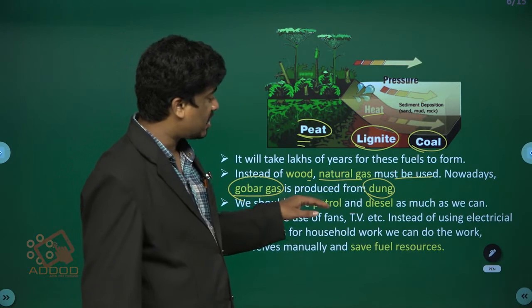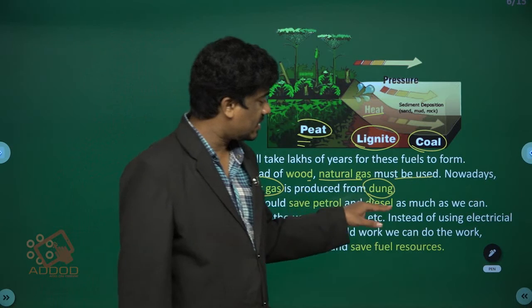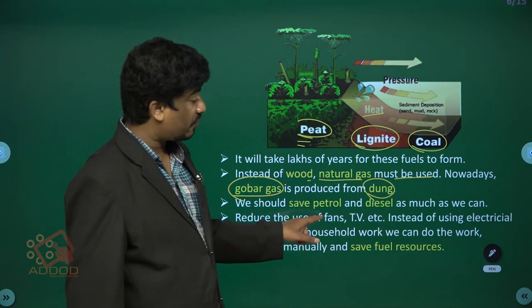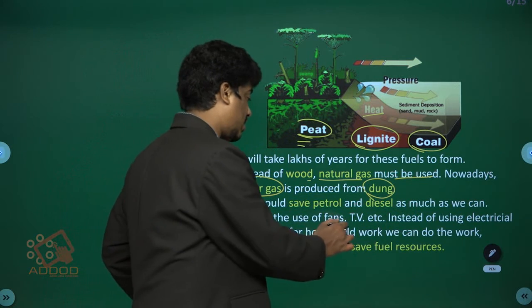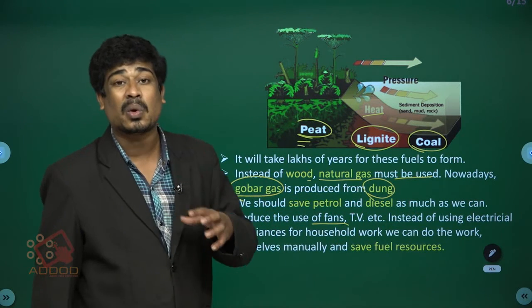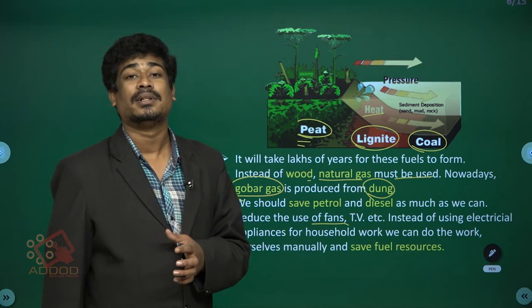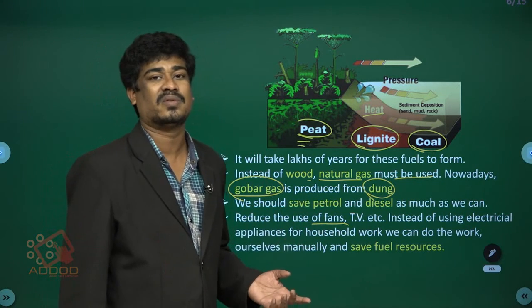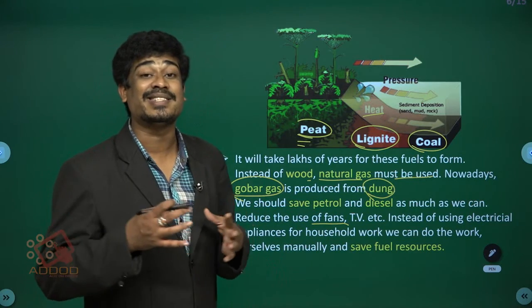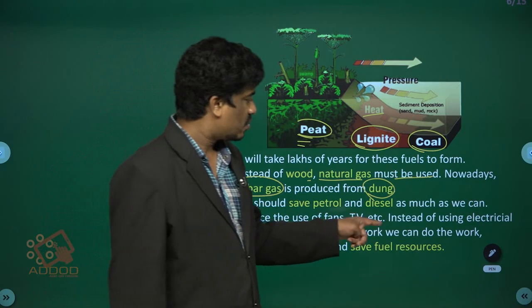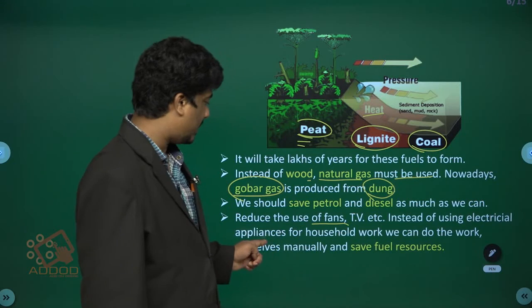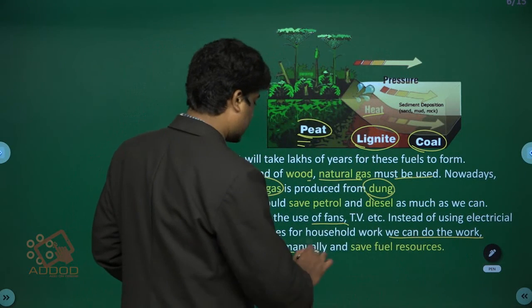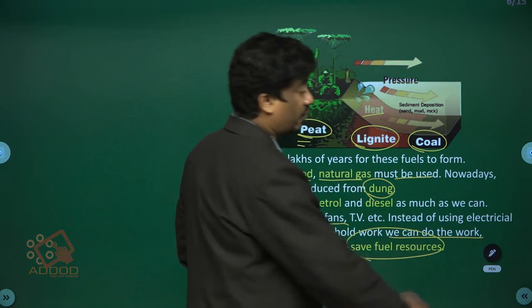We should save petrol and diesel as much as we can. Reduce the use of fans, which require electricity. Why? Because these are called non-renewable resources. We cannot get them back. They are exhausting. So instead of using electrical appliances for household work, we can do the work ourselves manually and save the fuel resources.